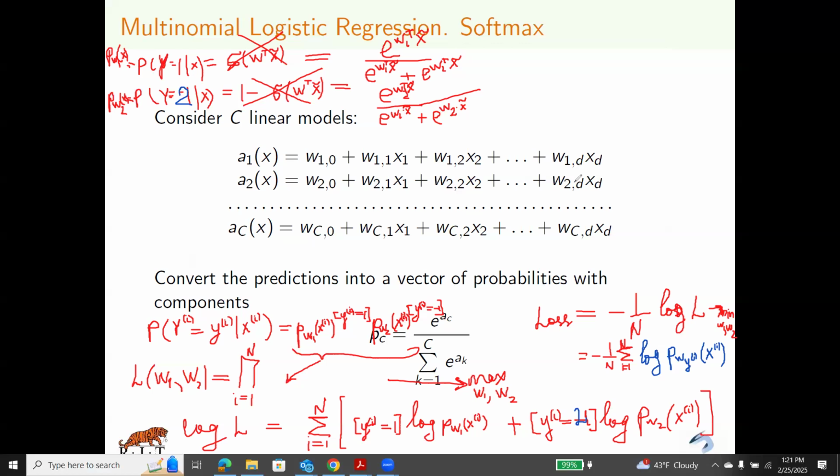So you just replace this index with y_i. So you will get the probability of w, and the index of w will be y_i. Because this is the truth.